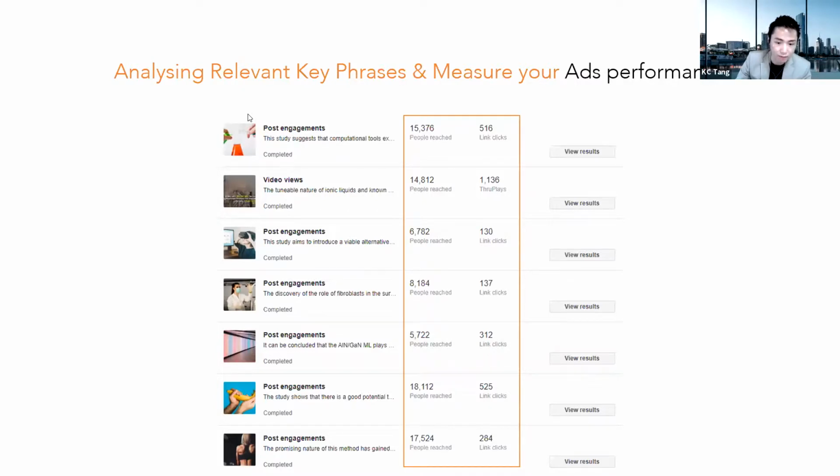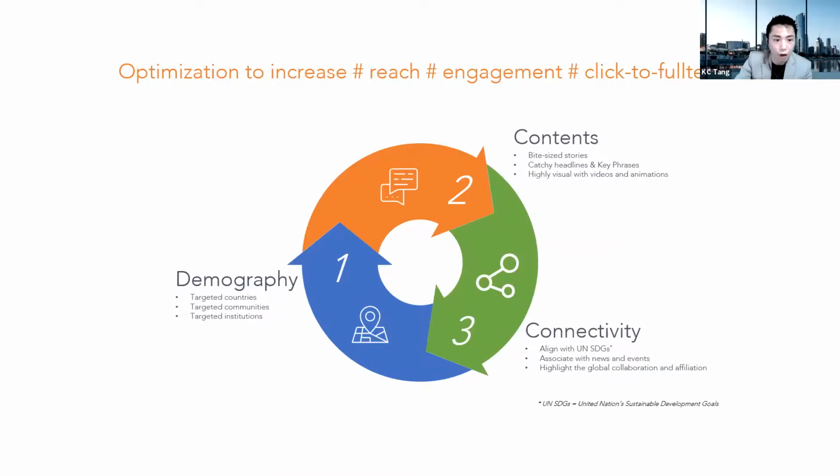But some are with like 17,000 reach, but only 284. So what makes all these things different is where you need to do the analysis to understand different target audiences, different markets, different keywords to use. What are the keywords that we need to tweak and test out next month to do the optimization? So the optimization phase is basically divided into three sectors.